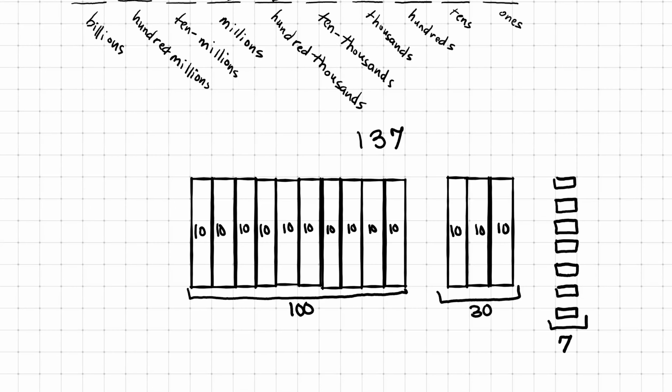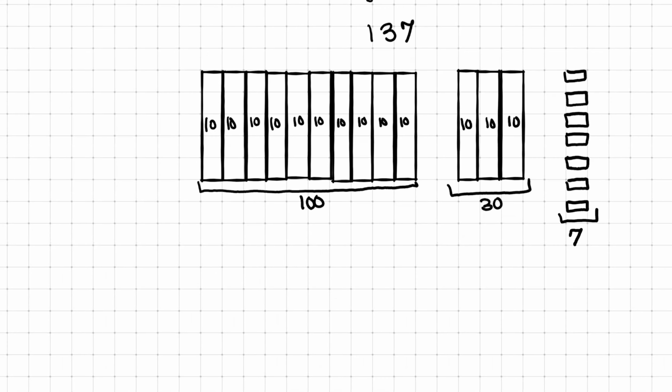Now we know, in general, the number 137 represents all of its places taken together. So when we have a string of numbers, such as 137, each digit stands for that many of the place's value.